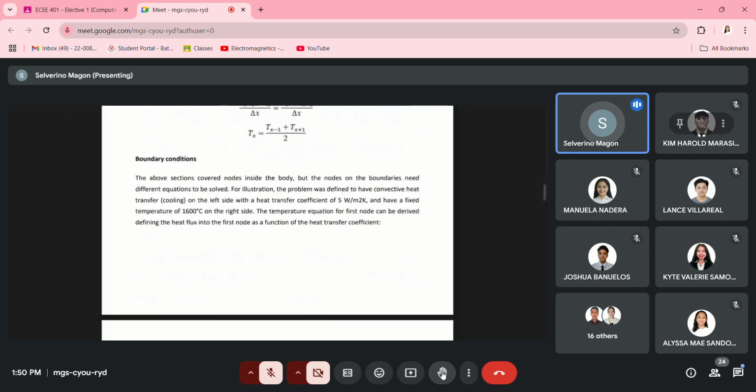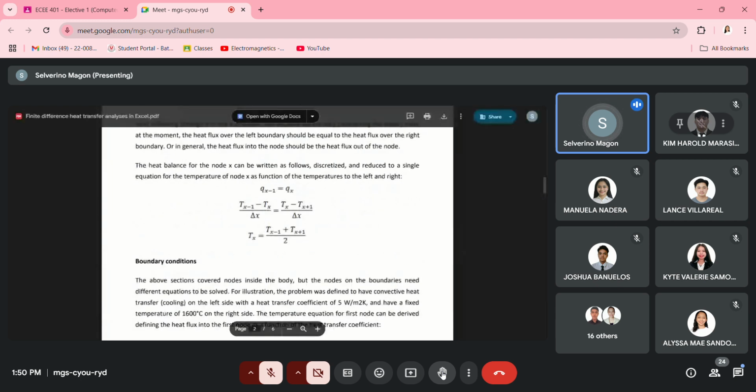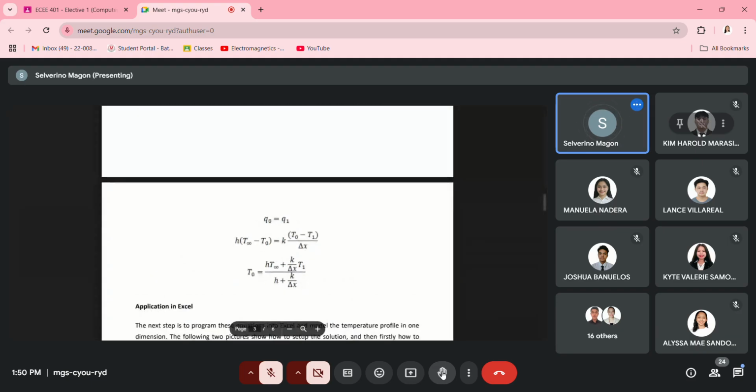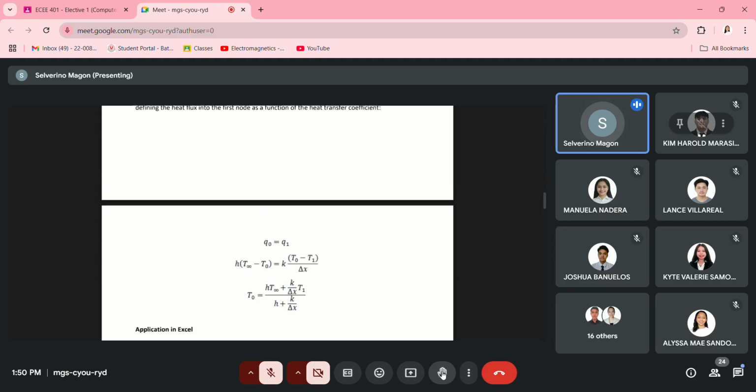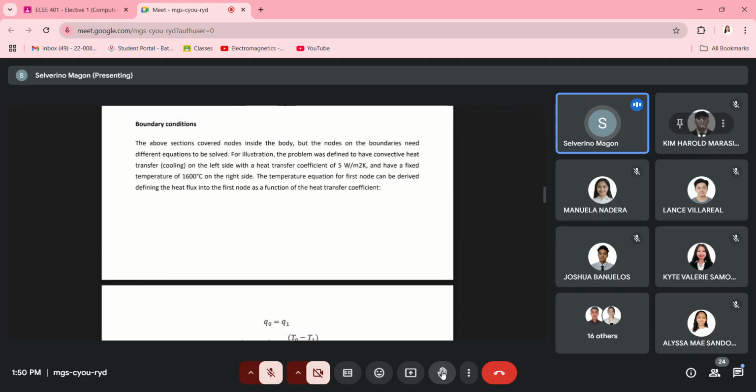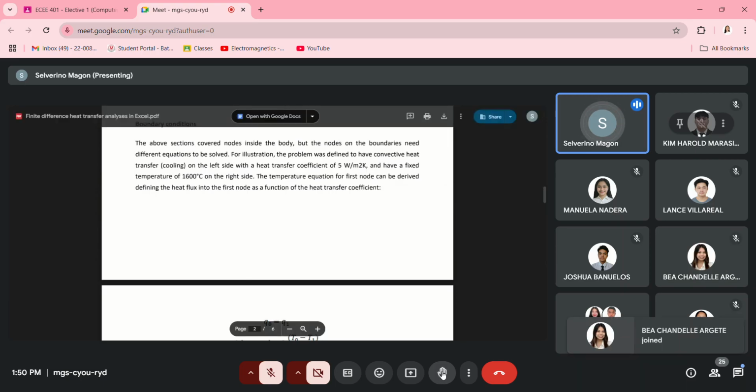And so we just have to input these figures into the spreadsheet. The temperatures are accounting for the thermal conductivity, the heat transfer coefficient, and the temperature on the right side.